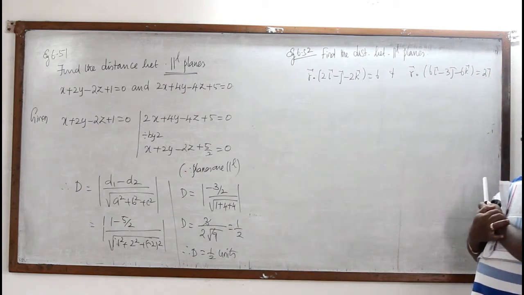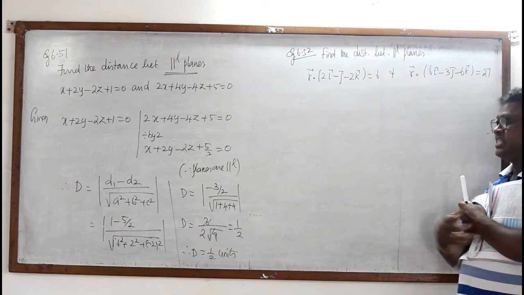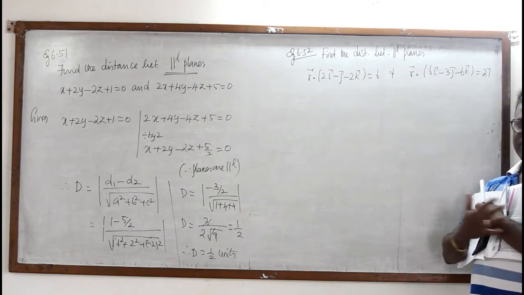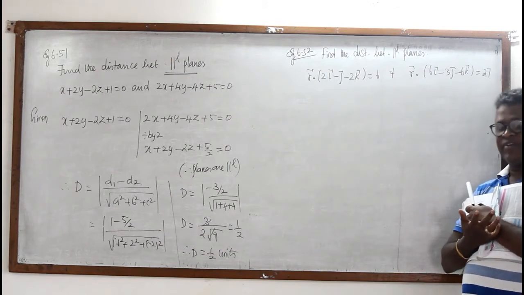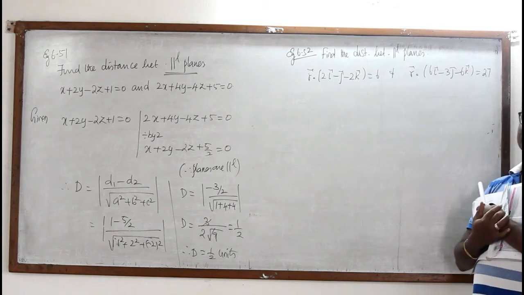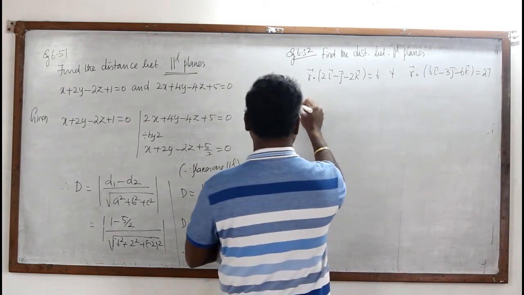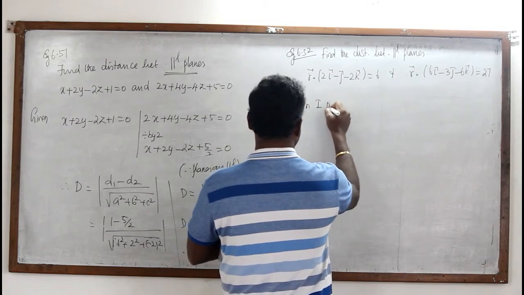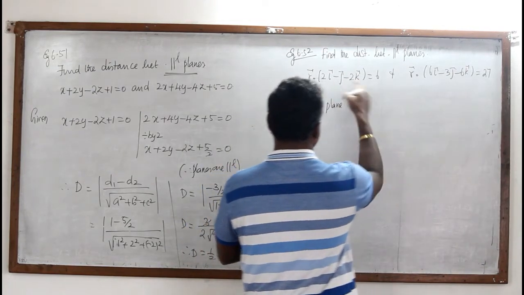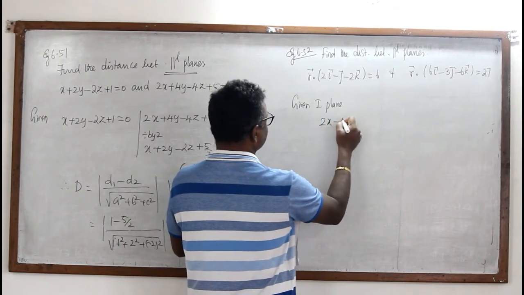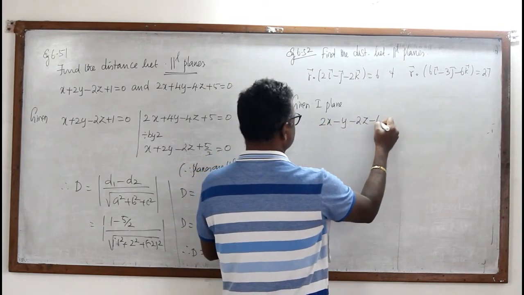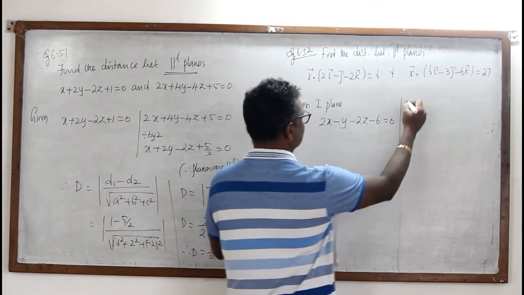Whenever we study angles, we have the equations in vector form. Whenever we are finding equations or distances, it is better to have the equations in Cartesian form. So the first plane is 2x minus y minus 2z minus 6 equal to 0.